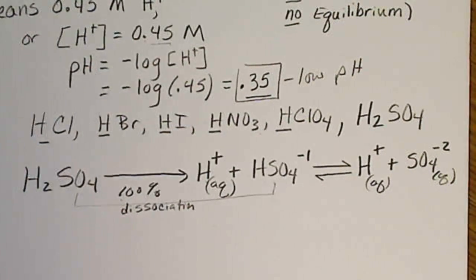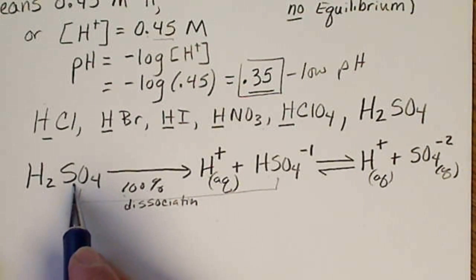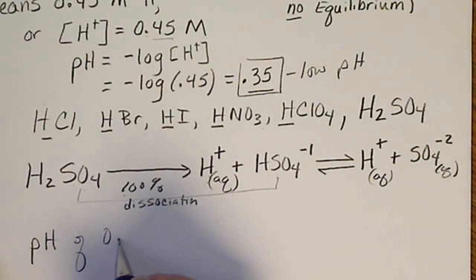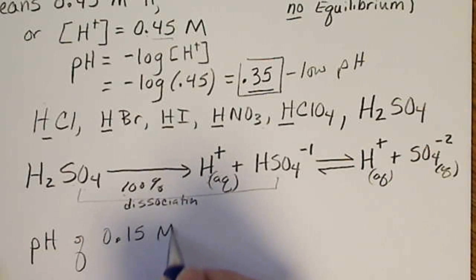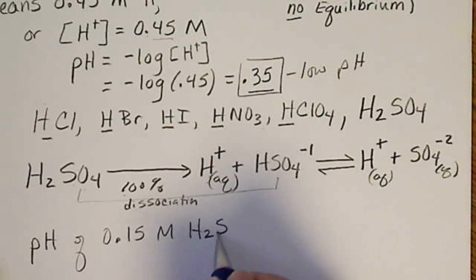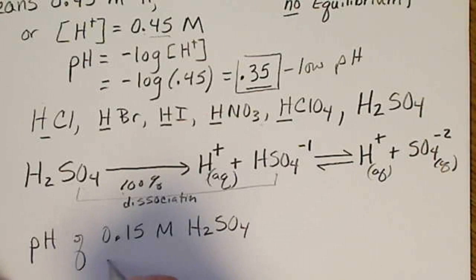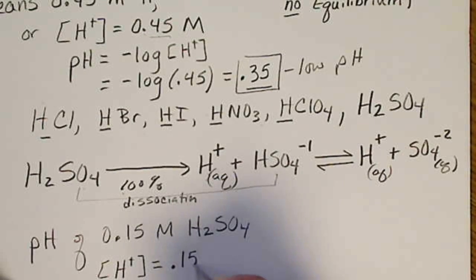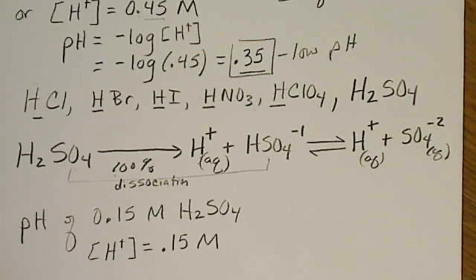So even with sulfuric acid, when that first proton comes off, if we want to calculate the pH of, let's say, for example, 0.15 molar sulfuric acid, we're still going to assume that the hydrogen ion concentration is the same as the concentration of the acid.